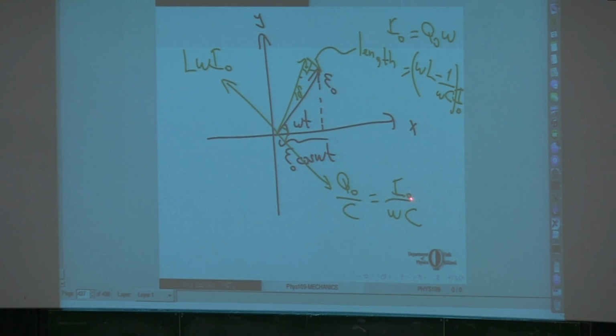This vector has length 1 over omega C I0. They are pointing in opposite directions. So if I just sum them up, the resultant vector will have this length. Now this length, we already said, is nothing but I0 times R.